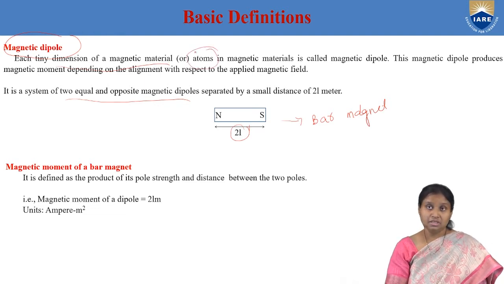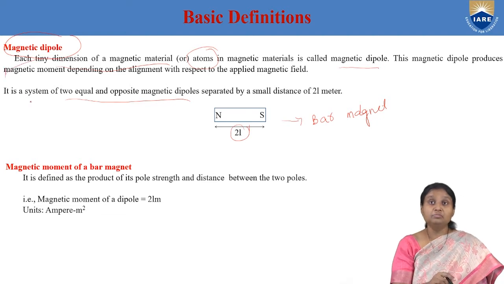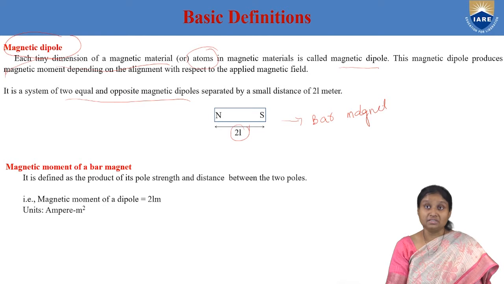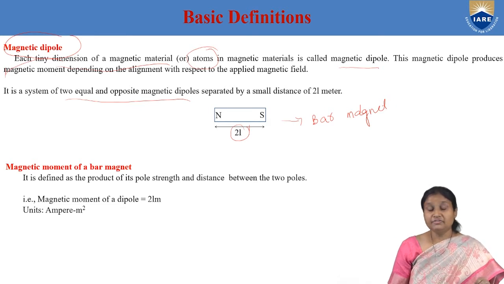An atom in a magnetic material will act as a magnetic dipole, and this magnetic dipole is going to produce a magnetic moment depending upon the alignment of its magnetic moment vector with respect to the applied external magnetic field, and this applied external field is called the magnetizing field or magnetic field intensity.